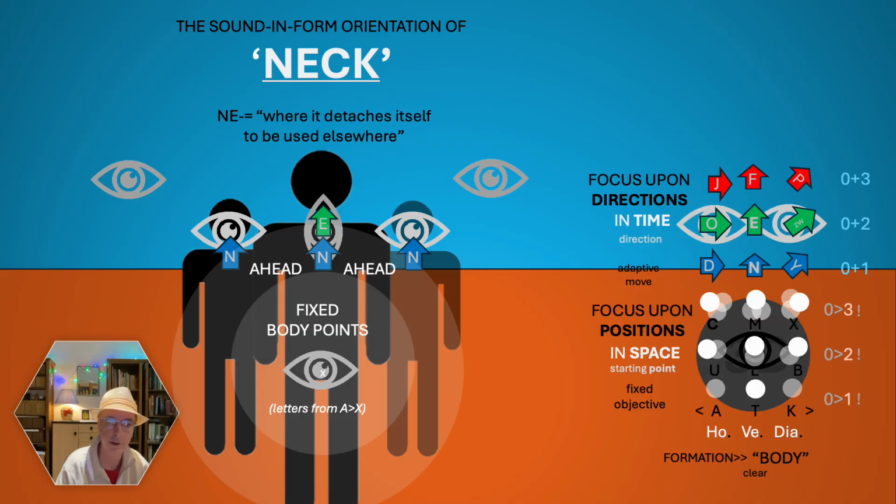I still wrote something down there which I forgot to explain, where it detaches itself to be used elsewhere, which might not be clear yet. The first couple of letters, all the foundations of all our focuses, are actually within the spatial boundaries of fixed points.